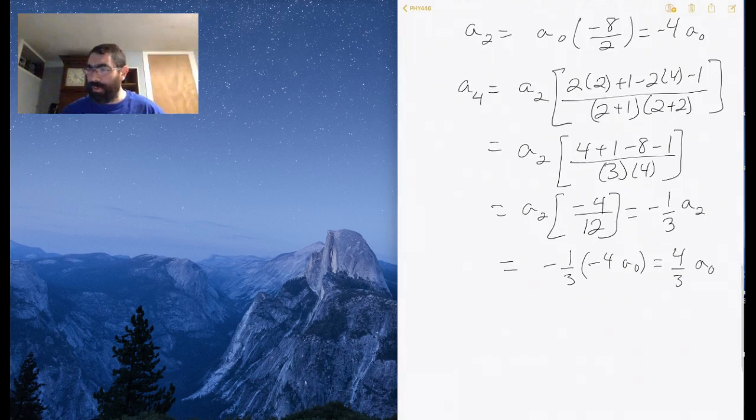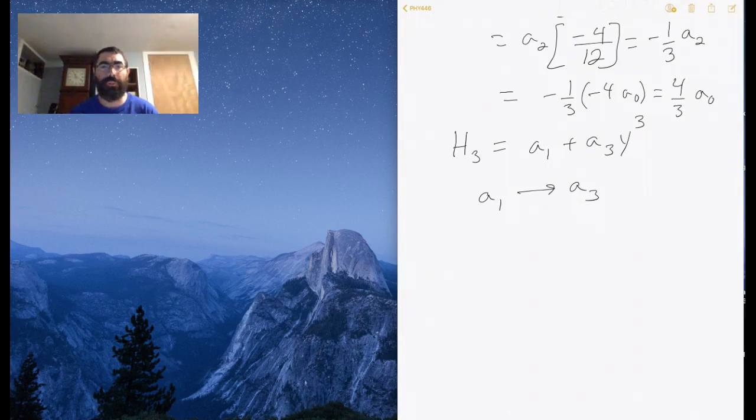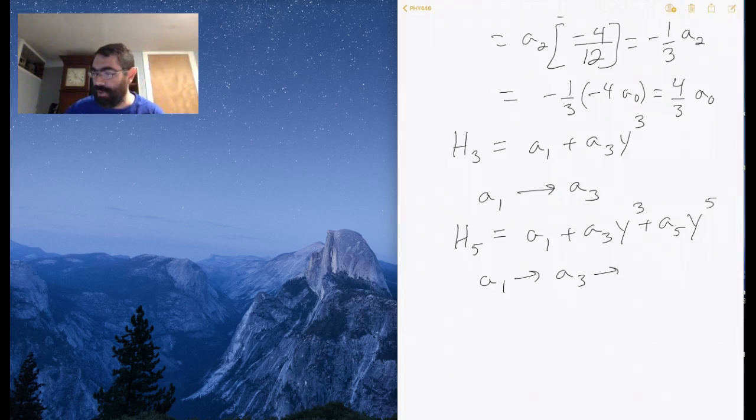Now we work the same thing out with the odds. So if we want to get the third polynomial, it would be a1 plus a3 y cubed. And then you'd have to first work out what the third coefficient is from the first. If you're going to work out a fifth, then that would be a1 plus a3 y cubed plus a5 y to the fifth power, which again you'd have to work out the coefficients from each of those cases.